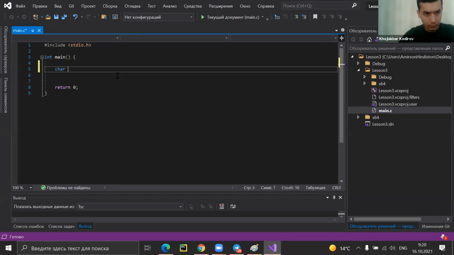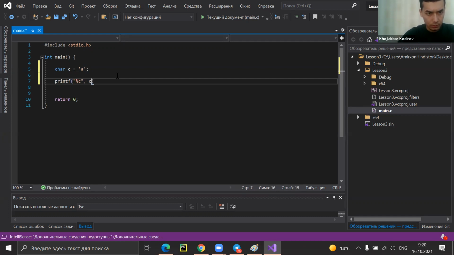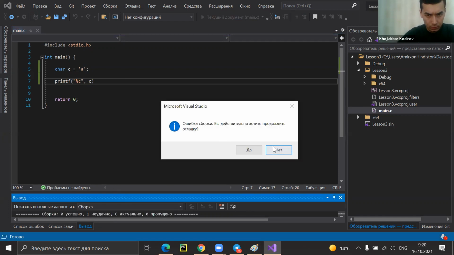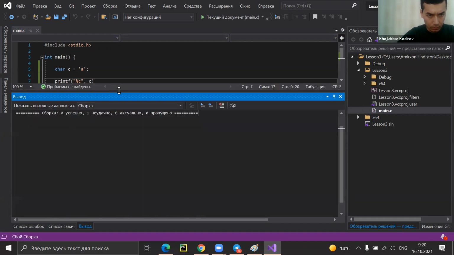Now, I saw a character, and it has value A. Then print percentage C. Now I can see. That's a mistake. Let's go back.